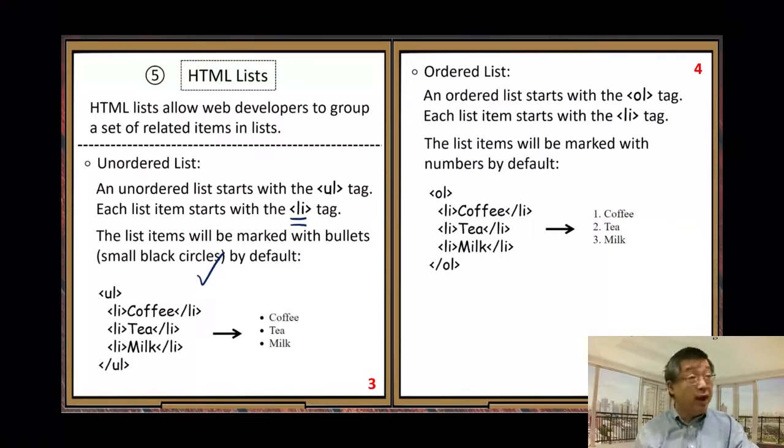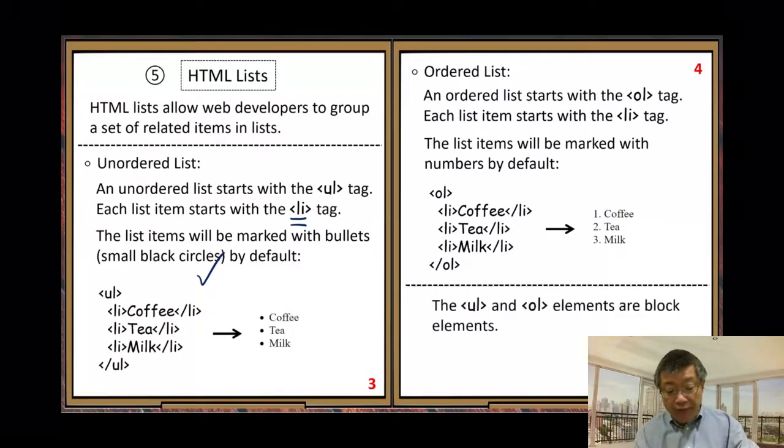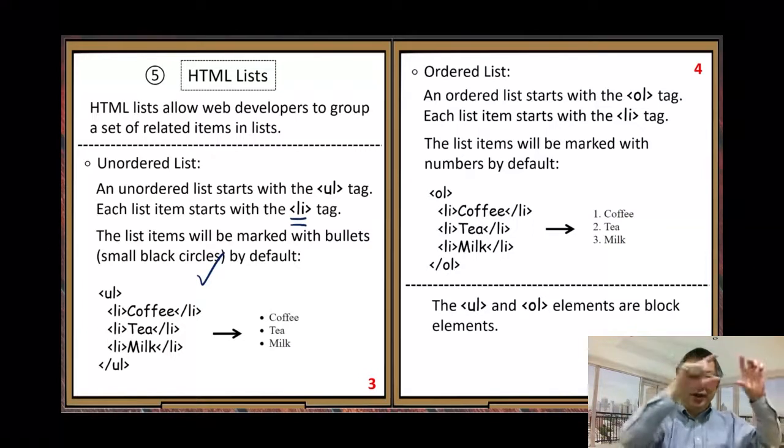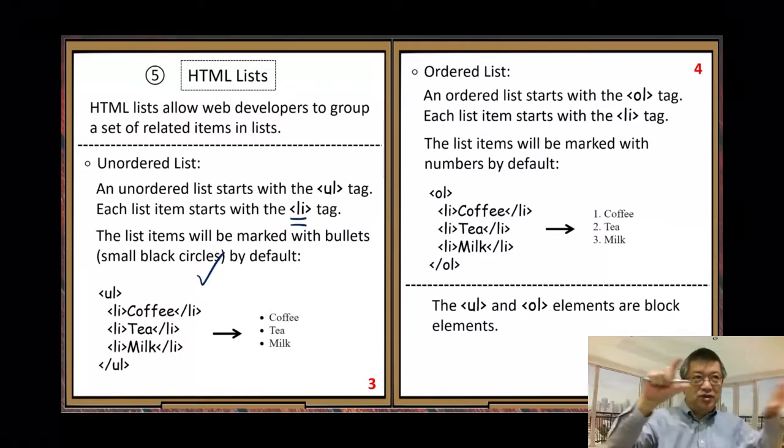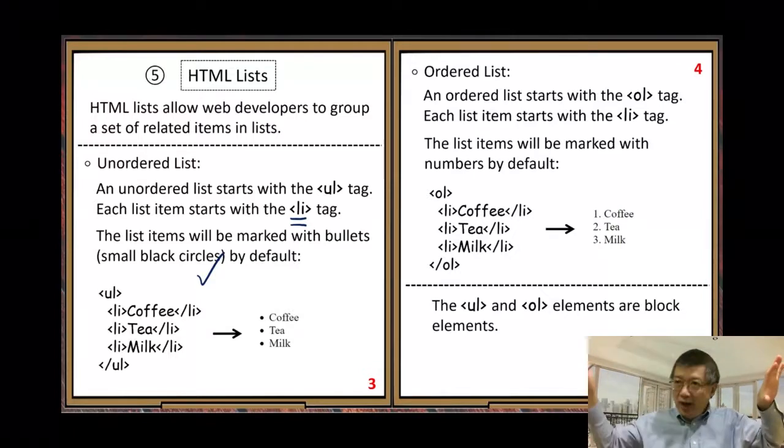But before we go there, let me mention one basic property first. The UL and OL elements are block elements. You know the meaning of block elements: they stretch to the left end and also stretch to the right end.